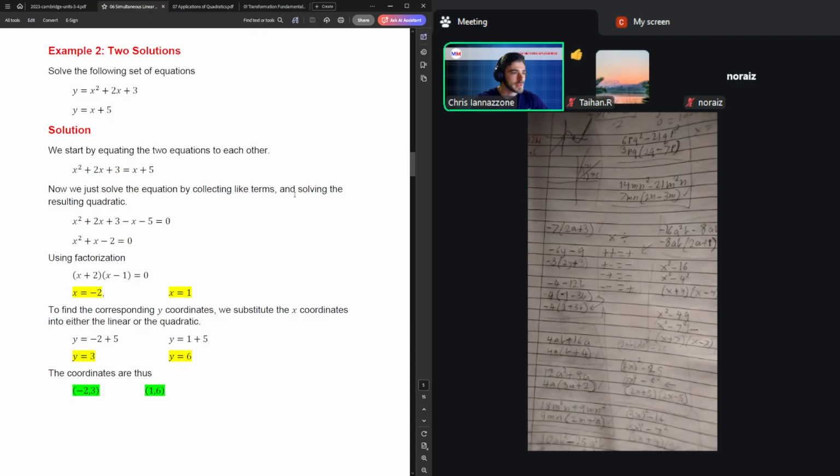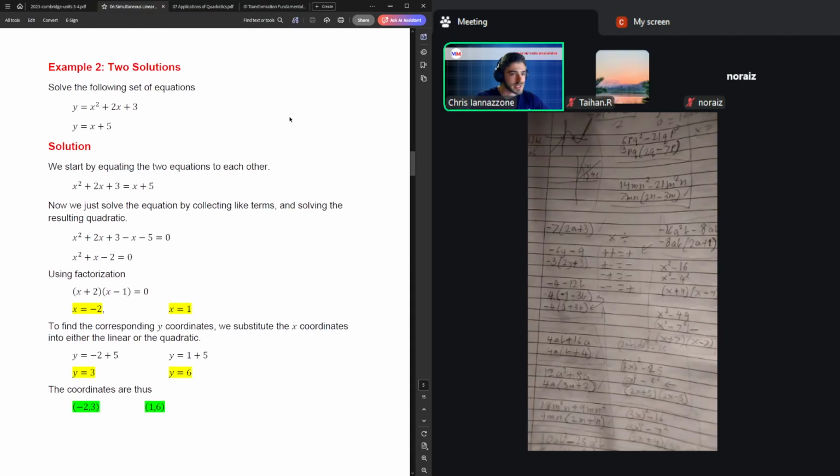Sweet. Two solutions, again, this is just showing you what's possible to happen between any linear and quadratic. We'll get into some more complicated versions of these later. Again, the exact same procedure, make them equal to each other. In this case, we get yet another quadratic because, shockingly, whenever you do addition or subtraction between a quadratic and a linear, the highest power in that sequence is still 2.